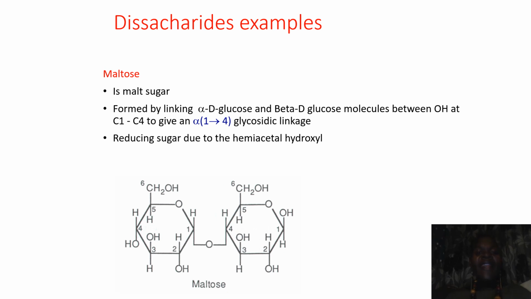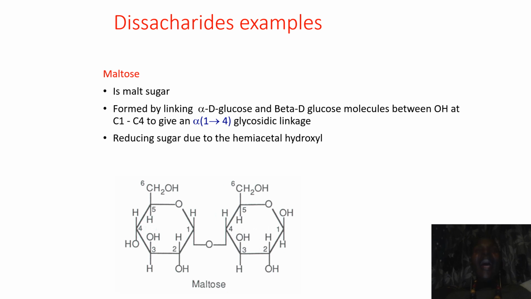But the linkage is between carbon atom number 1 of the first glucose residue, which is an alpha-D-glucose. It is linked to carbon atom number 4 of the second glucose residue, which is a beta-D-glucose. So they talk about alpha 1, 4.